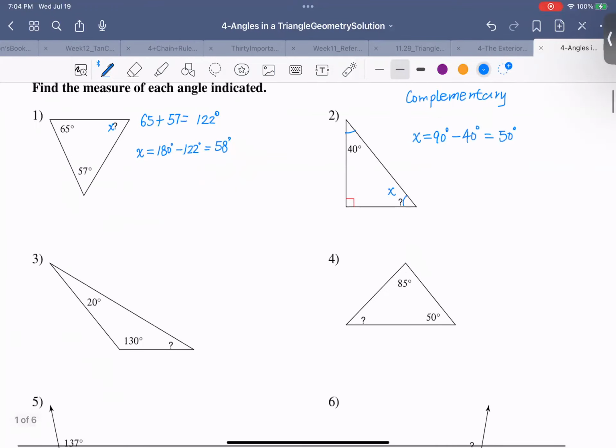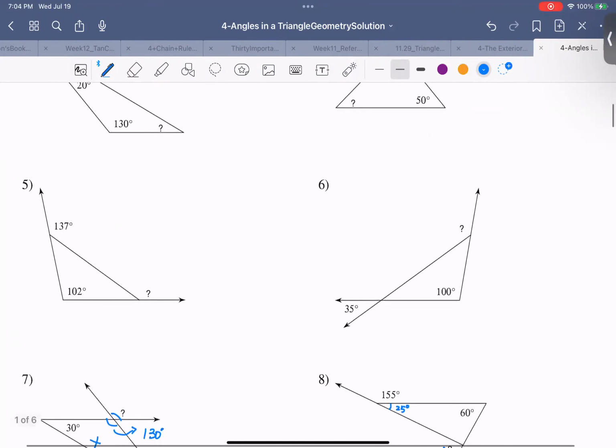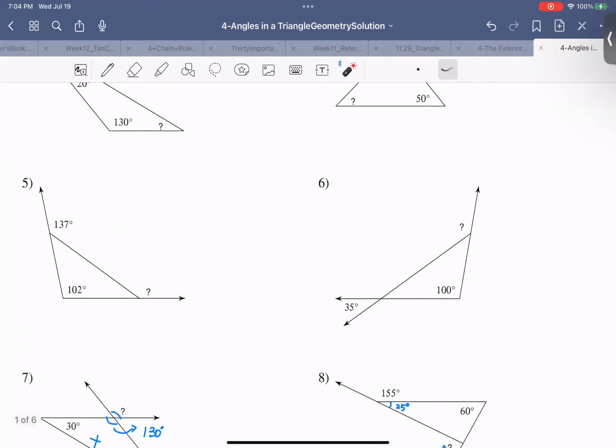Next one. Look at here. For this one, they are looking for this angle. So what do you think? How do we get this one here? Once we have this, we will be able to tell how much is here.